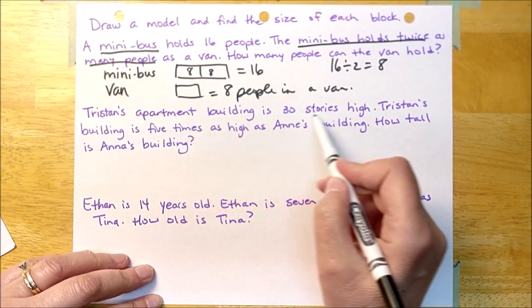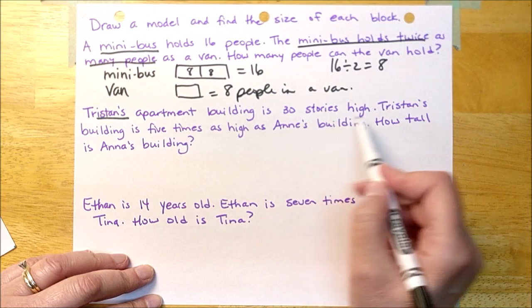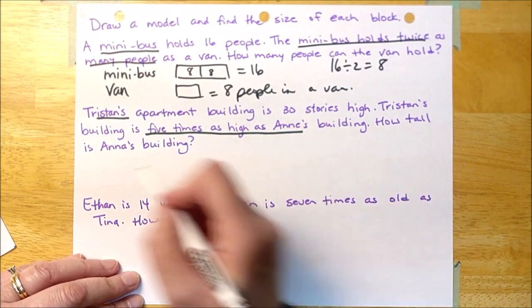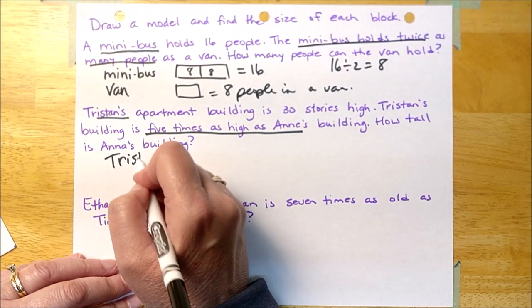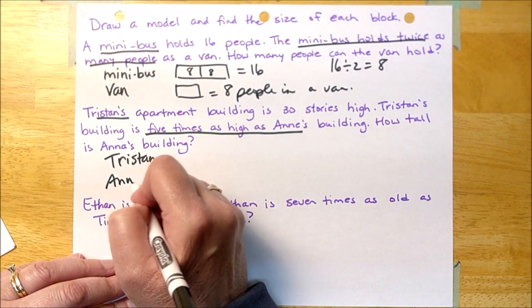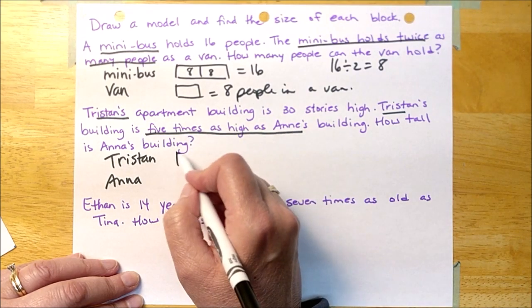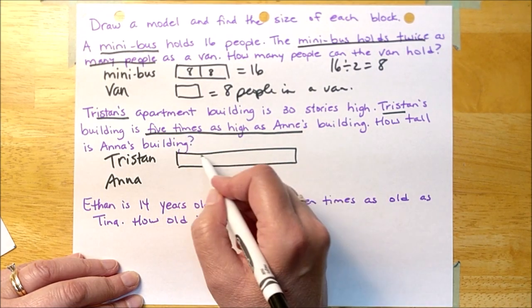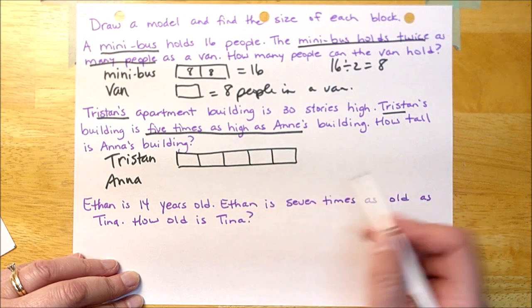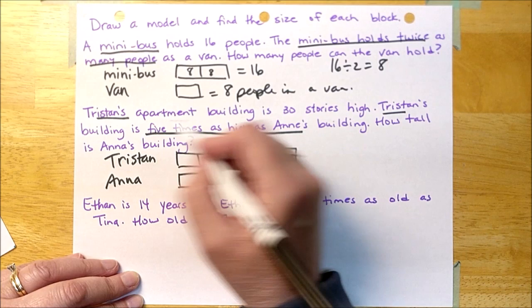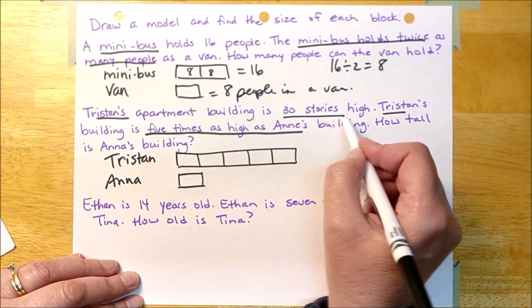Tristan's apartment building is 30 stories high. So we got Tristan. Tristan's apartment is 5 times as high as Anna's. So we have Tristan and we have Anna. So Tristan is 5 times as high. Make a nice long line. 1, 2, 3, 4, 5, and Anna is right there. So we know altogether that Tristan's apartment has 30 stories.